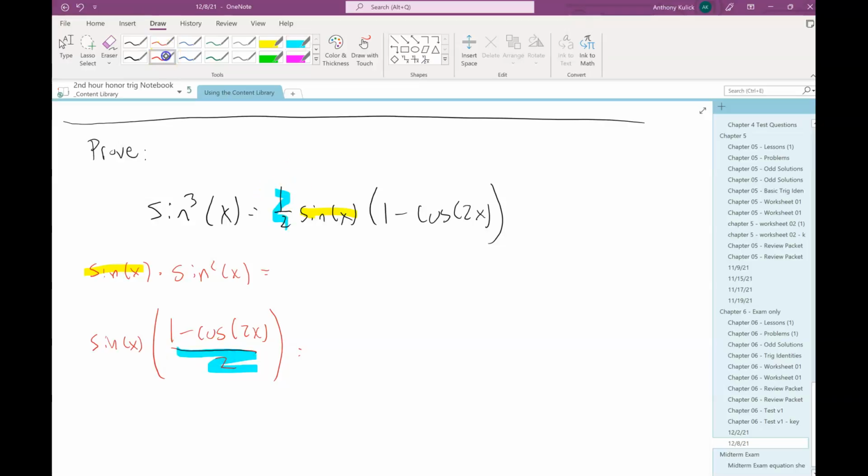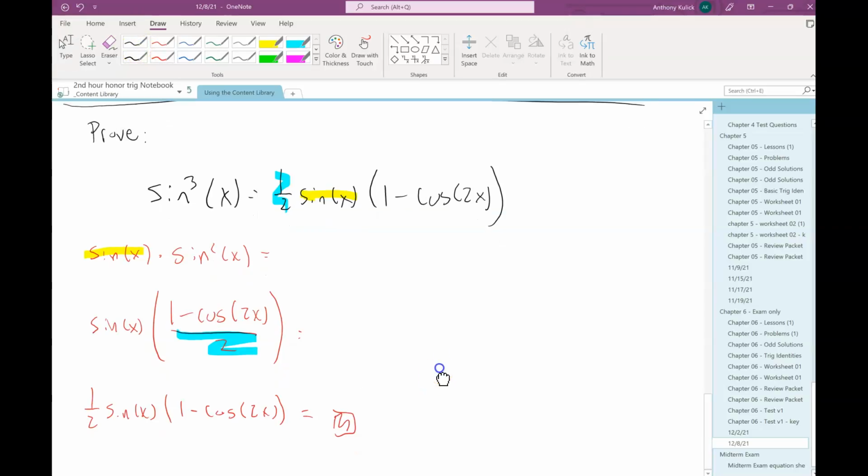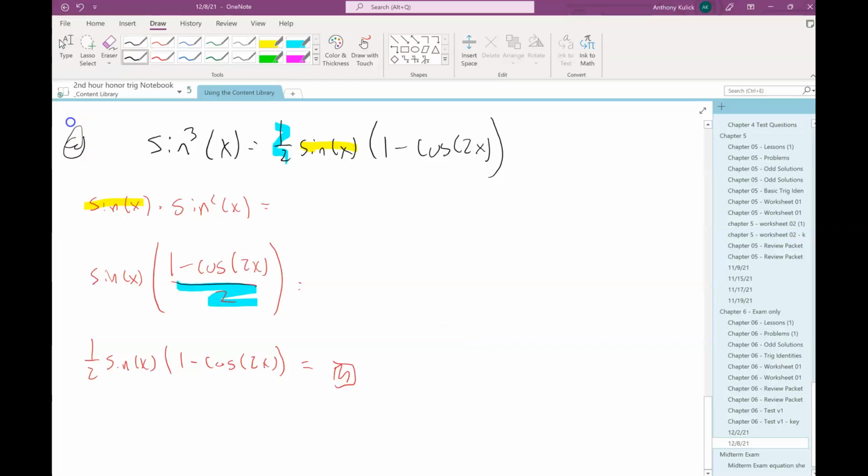That's the same thing as multiplying by 1/2, right? And now I got exactly what I need. Not so bad. Let's do one more.